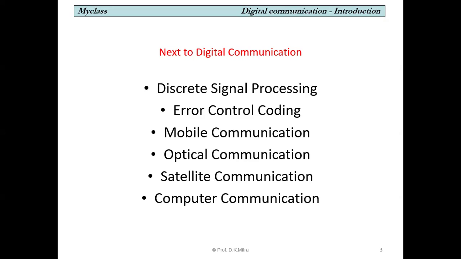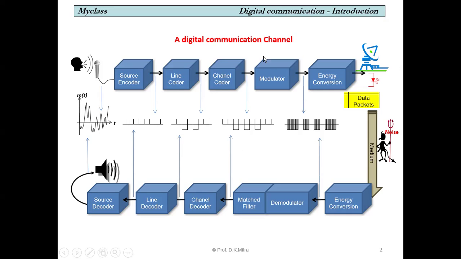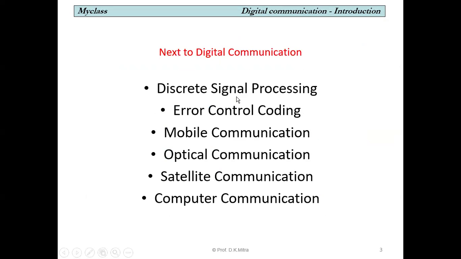Then comes error control coding. In the last one, we have seen the channel coder. Channel coder performs the error control coding. Then mobile communication, optical communication, satellite communication, computer communication. These are the various, different subjects that we have to learn.